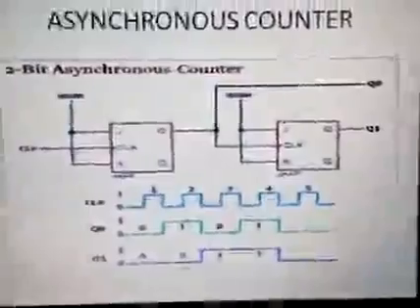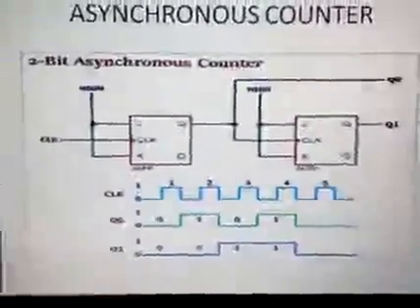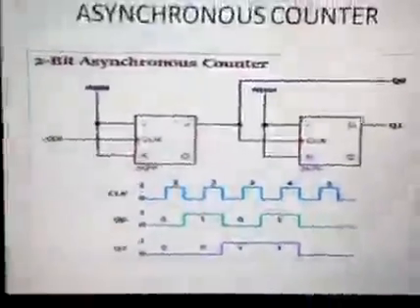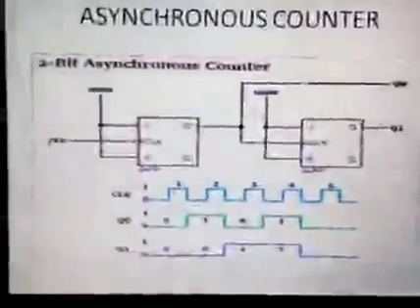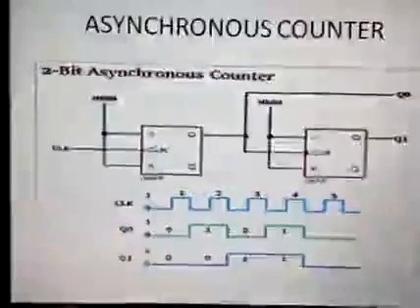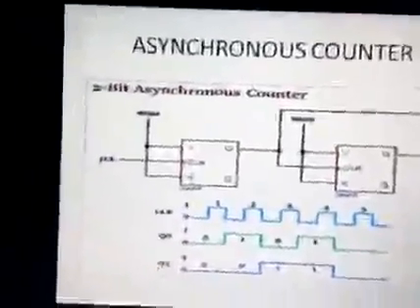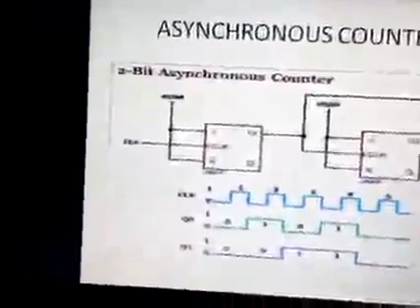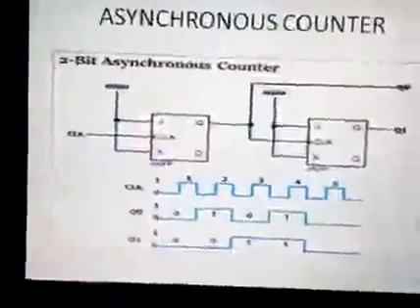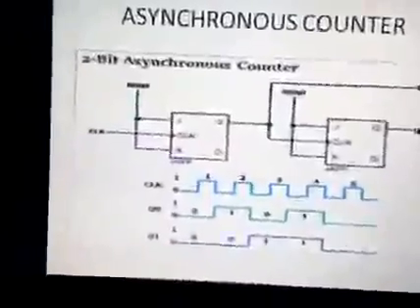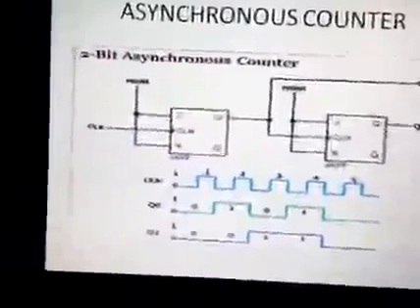One of the questions that arises in the mind is, why do we use only the T flip-flop? Because the T flip-flop, which is made from the JK flip-flop, performs two basic operations: hold and toggle. When the data input is 0 and we apply clock pulses to the flip-flop, it performs the hold operation. When the data input is high and we apply clock pulses, it gives the toggle operation.